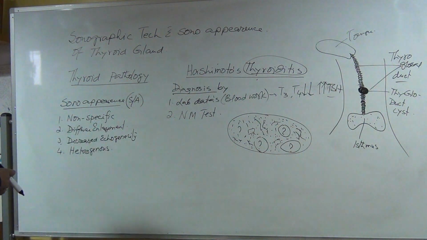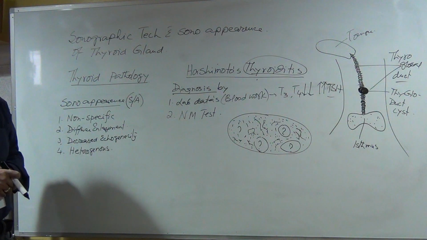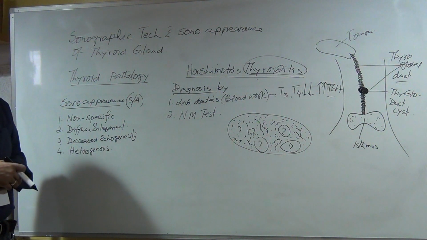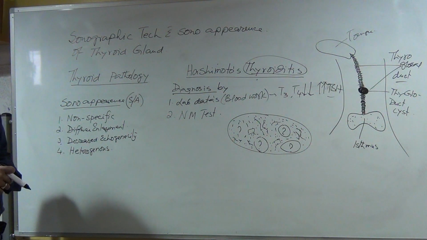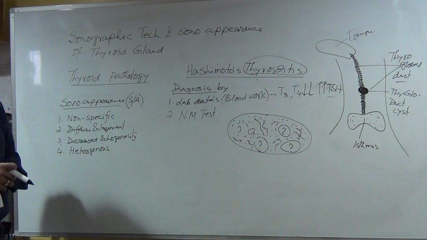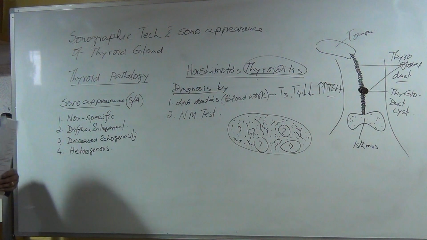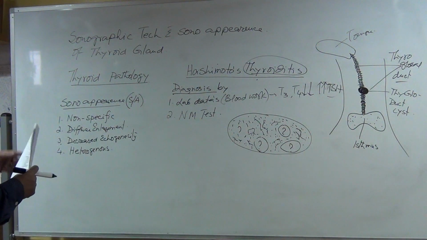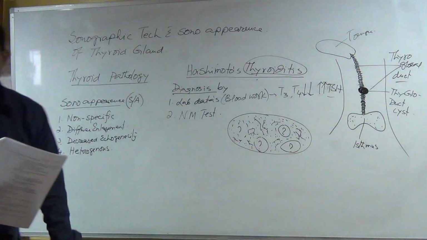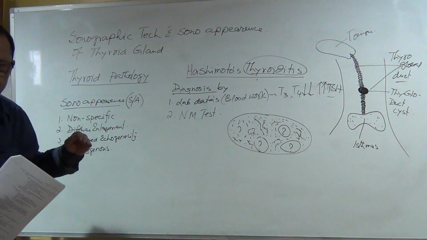Why? Because there is inflammation, a collection of fluid inside. Why heterogeneous? Because some area is dying and some area is normal. So this is all a feature of hypothyroidism.